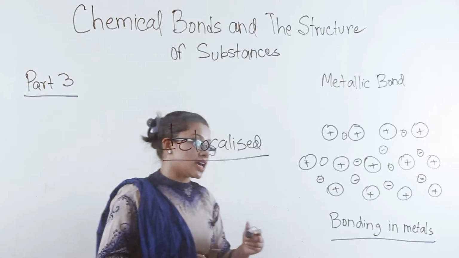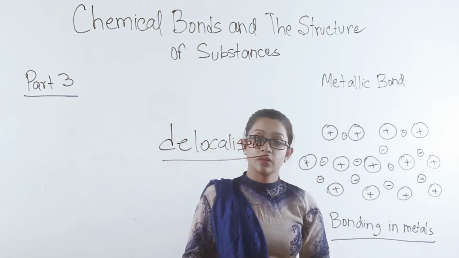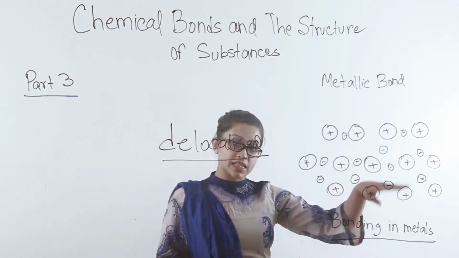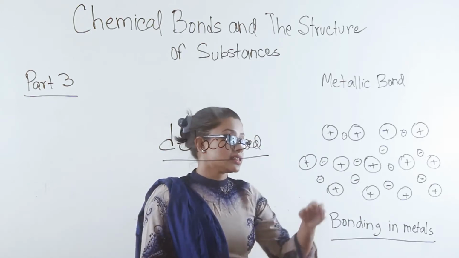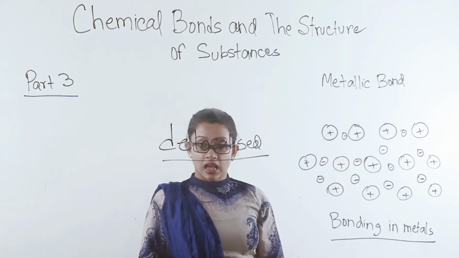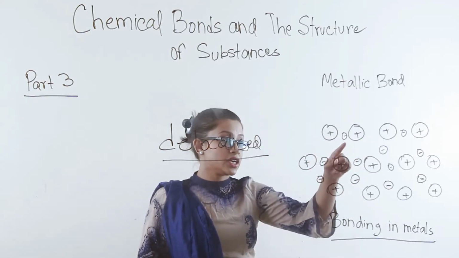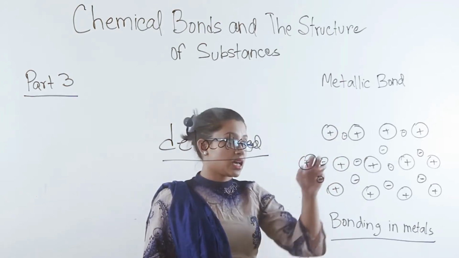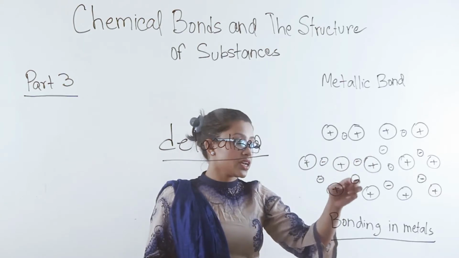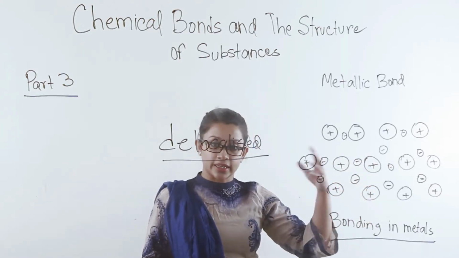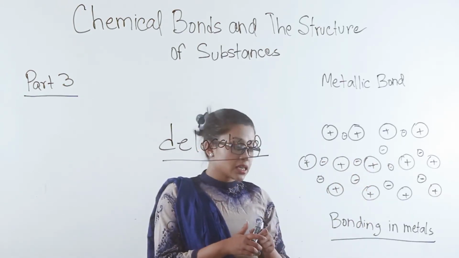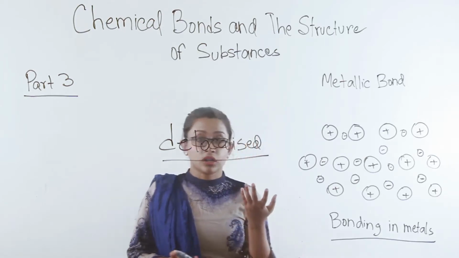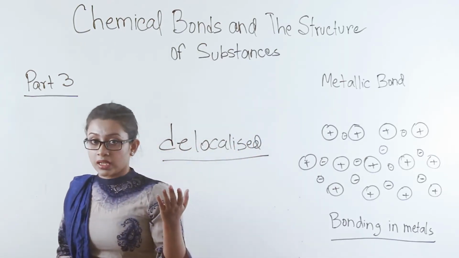As you can see in the diagram, this is a very simplified demonstration of a metallic bond. Here, you can see the positive metal ions. And in between the free spaces of these positive metal ions, the free electrons are moving about, loitering. As a result, they are known as delocalized.